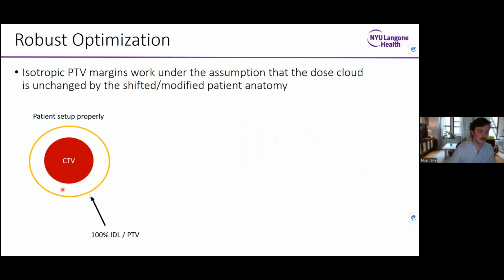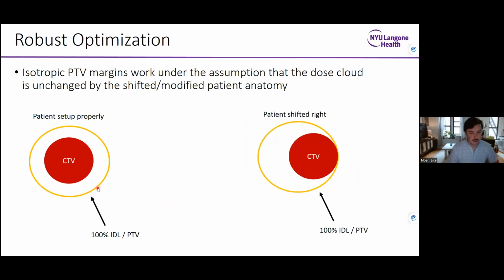Our prescription isodose line surrounds it, and all is well. The purpose of the PTV is for these situations where maybe the patient is set up slightly improperly, and it's under these conditions that we're assuming that this isodose distribution hasn't changed, and that despite the patient being mispositioned, they can still be treated to prescription.